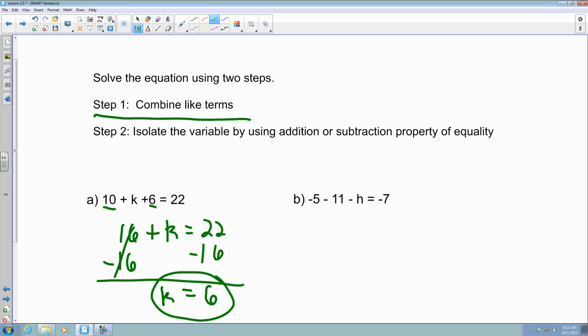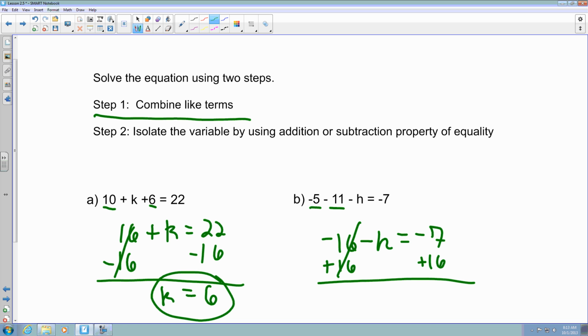Over here, I have negative 5 minus 11 minus h equals negative 7. I know I can combine these, so negative 5 minus 11 gives me negative 16 minus h equals negative 7. Since it's a negative 16, I'm going to add 16 to both sides.